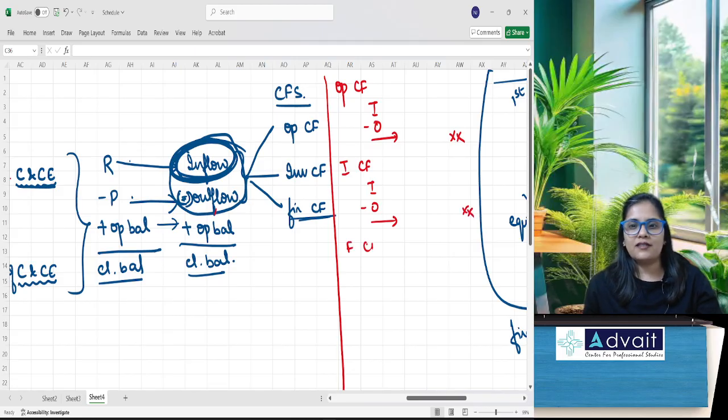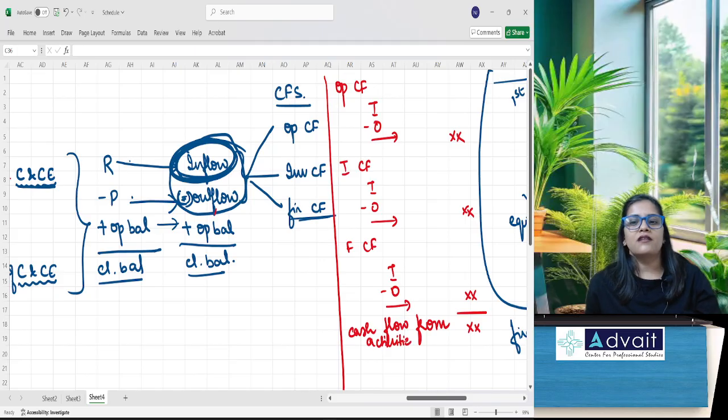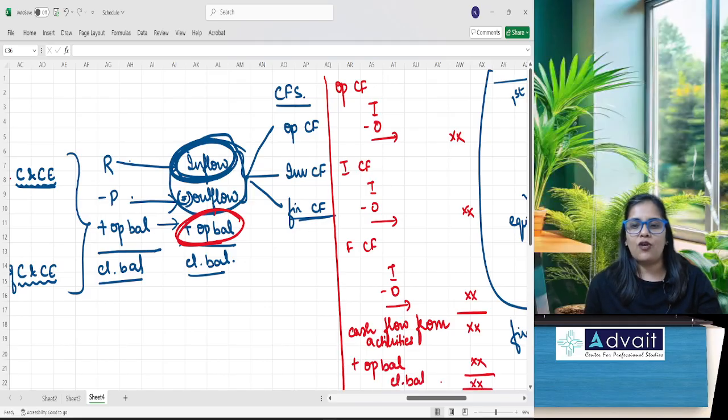Then we do financing cash flow, inflow minus outflow. Then whatever we get will be called cash flow from activities. From all the activities, this is the cash flow that we have earned. Then to this, we add our opening balance and arrive at the closing balance of cash and cash equivalent.